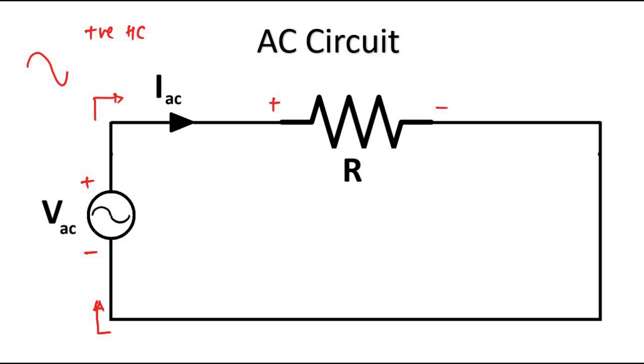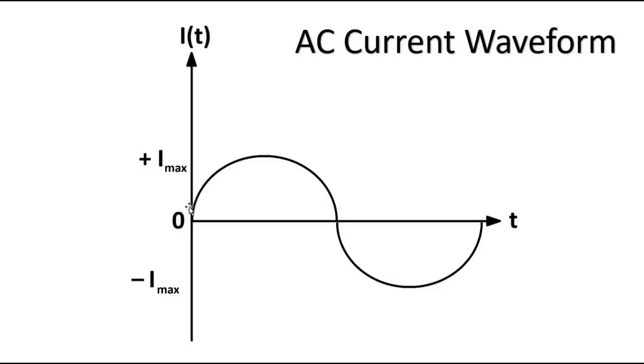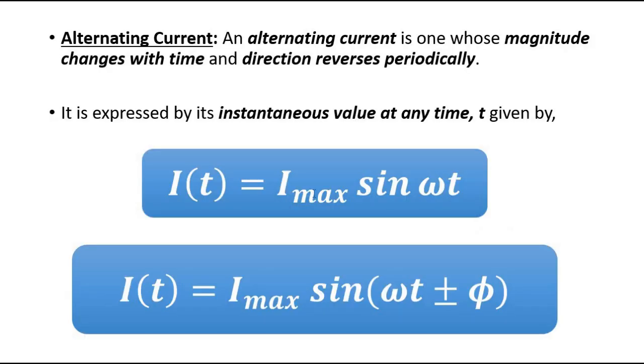Then as a result of that, the resultant current waveform looks like this for the positive half cycle. Okay, this is the current waveform. Here it is equal to Imax sine omega t.